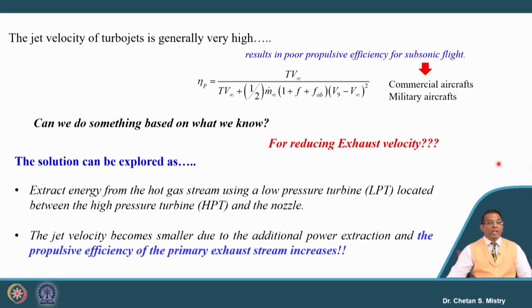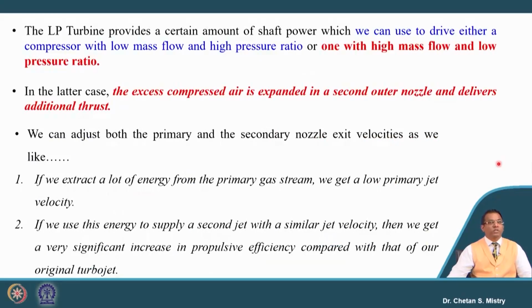Okay. Same way, the energy we have extracted can be used somewhere else, so that also will lead to an increase of thrust, or will lead to a lower exhaust velocity, and by doing so we will be able to increase the propulsive efficiency. So, it is a little tricky. Let us see what the thought process is.